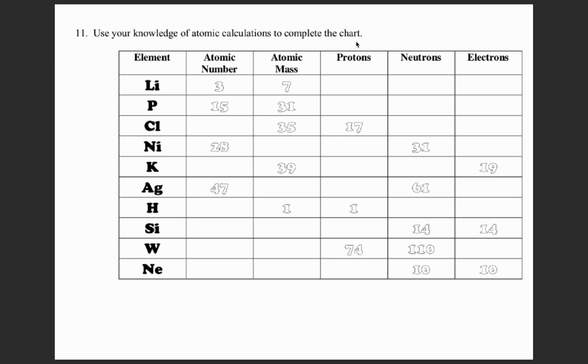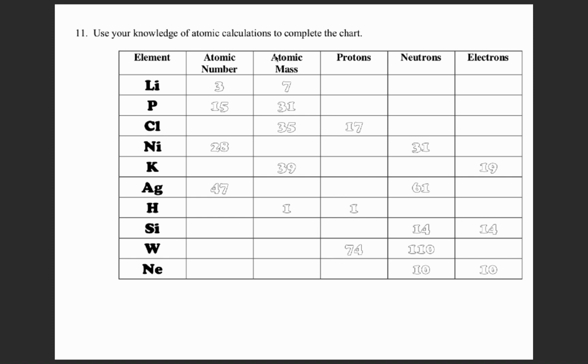So these 3 columns, I need you to draw a star above those, and that will serve as a reminder that whatever goes into the first column, or the one that you're given, it will go into the 2 that are missing. So I will put a number 3 for the protons, and since I have a 3 here, I will also put it for electrons. So these 3 columns will always be the same on this worksheet.